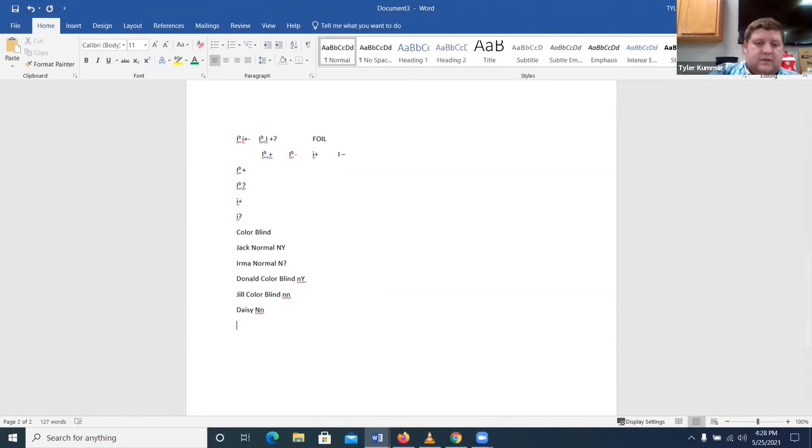Okay, so if we do this cross out between Donald, his possible alleles he can contribute. There we go. And then Daisy, she's heterozygous, so 1 of each. All right, we do this cross. Oh, this one should have been lowercase.